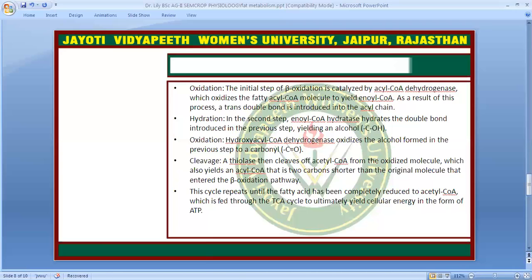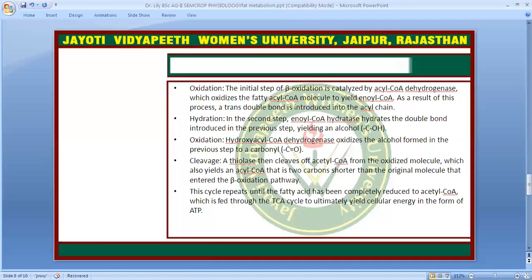Now, the third step is oxidation. So, hydroxyacyl coenzyme A dehydrogenase oxidizes the alcohol formed in the previous step to a carbonyl group. And then comes the cleavage. Now, what is cleavage?